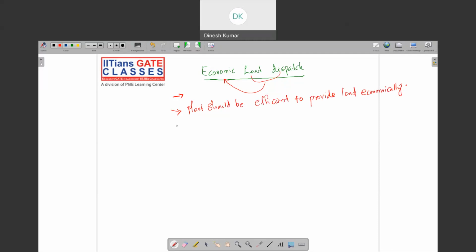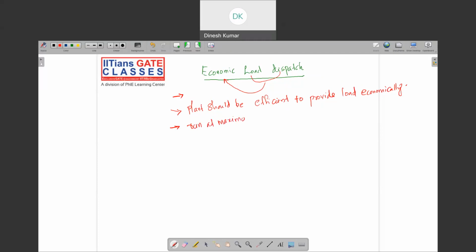So the power system should run at maximum efficiency, right?